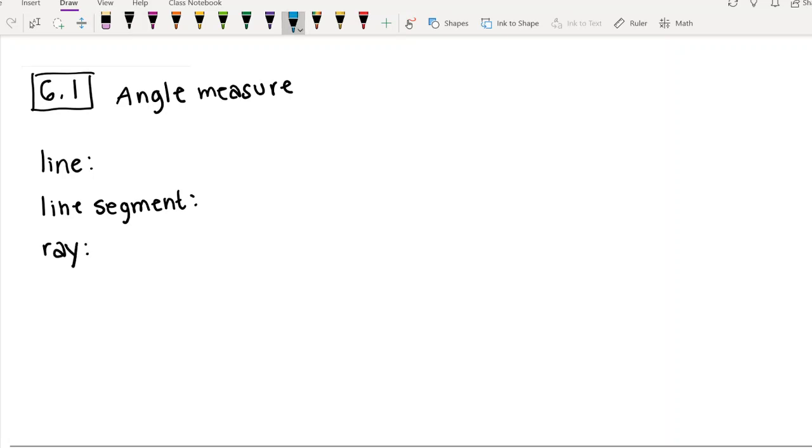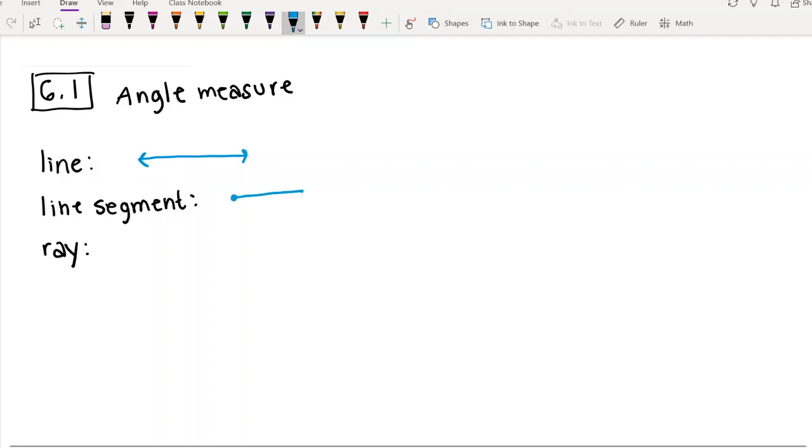So a line is going to go on infinitely in both directions. So whenever you say the word line, people misuse these words all the time, but technically when you say line, that means it extends forever in both directions. So if you want to talk about something that does not do that, then that would be called a line segment.